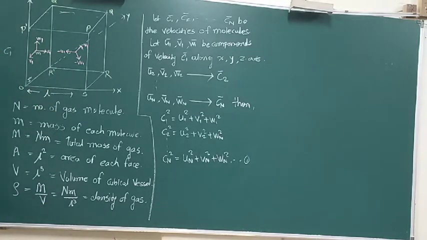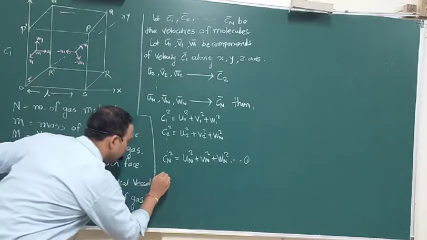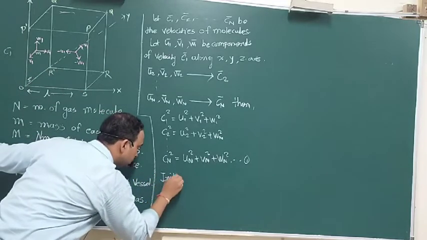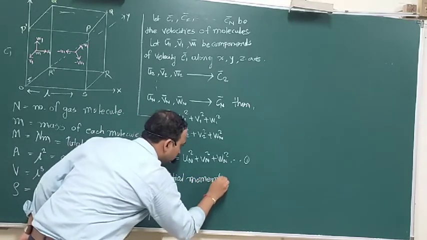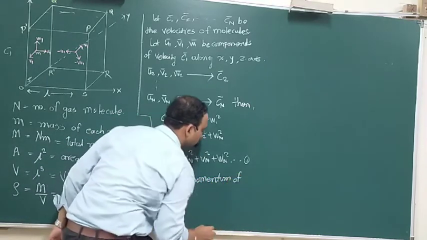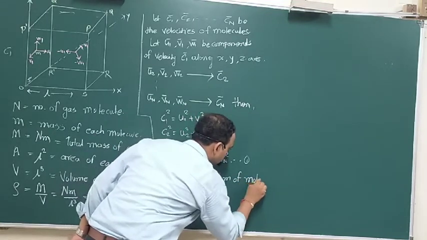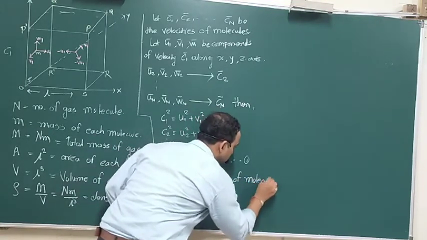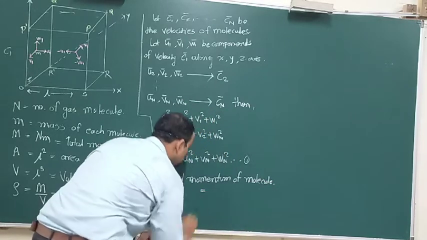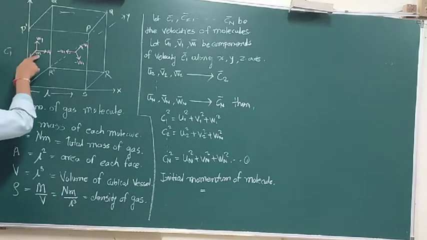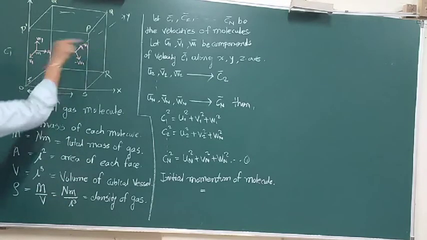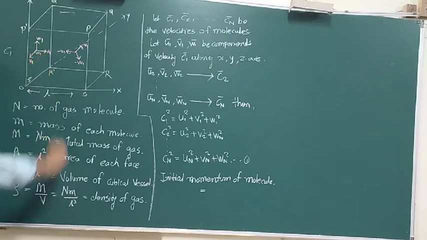Now the initial momentum of the molecule. The formula for momentum is mass into velocity. The mass of that molecule is m and it is moving along the x-axis, that means the velocity is u1.